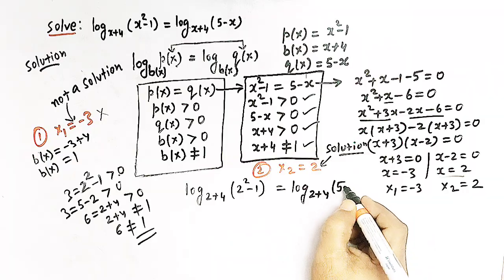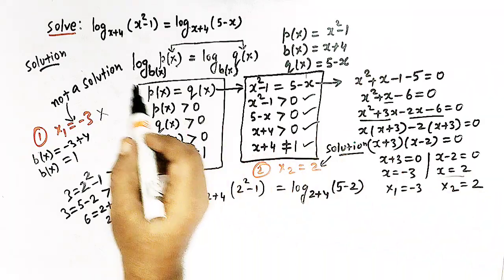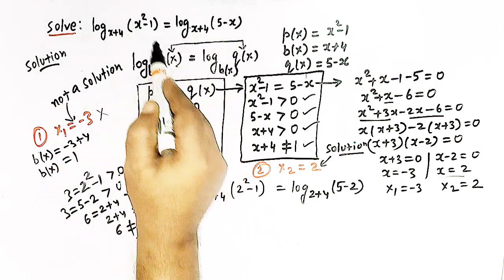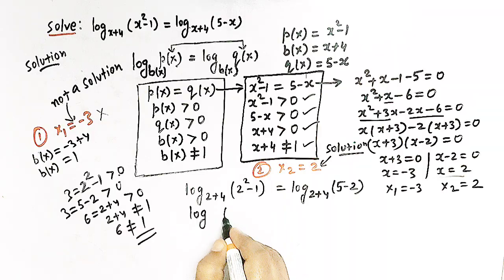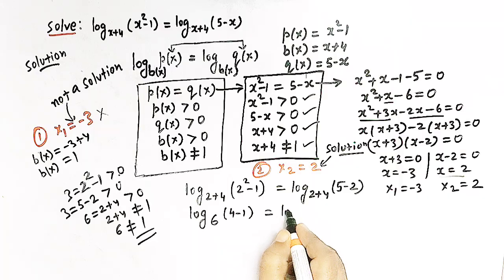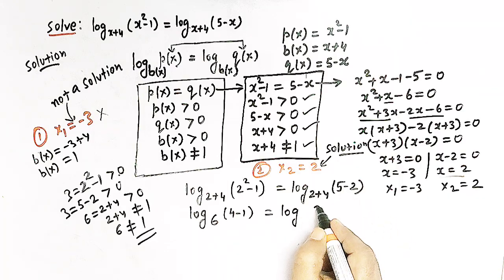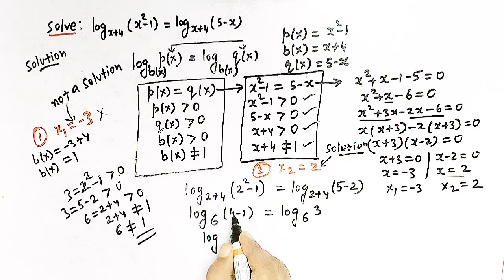So we have now log of 4 minus 1, and 2 plus 4 is 6, and here we have log of 5 minus 2 is 3, and here we have 2 plus 4, 6. So now we have log of 3, since 4 minus 1 is 3. Here we have the base 6, and here we have log of 3 to the base 6. So these two sides are equal, right?